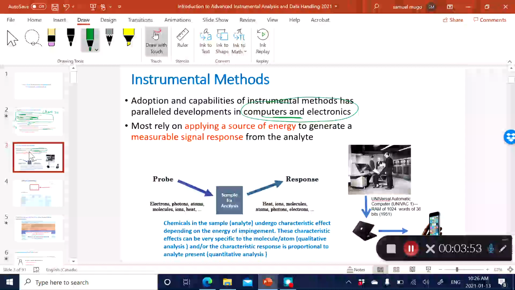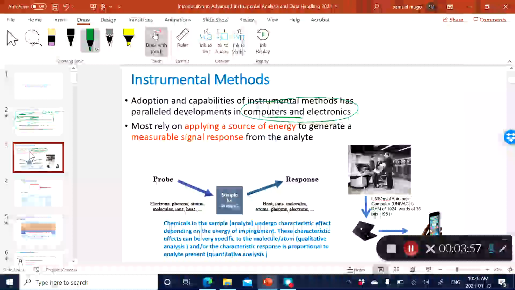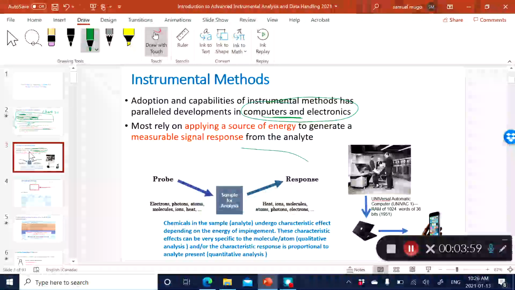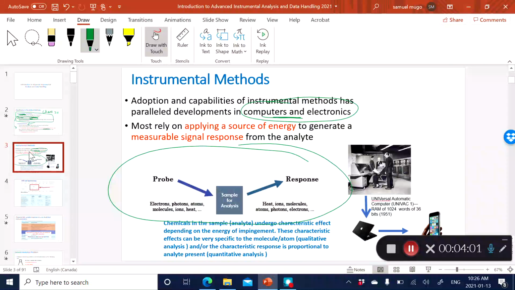Okay. Now, the reason for that is because instrumental methods of analysis largely rely on this paradigm. And I think those of you who did Chem 211, I explained that before. In all instrumental methods of analysis, you've got a probe, and the probe is a source of energy.